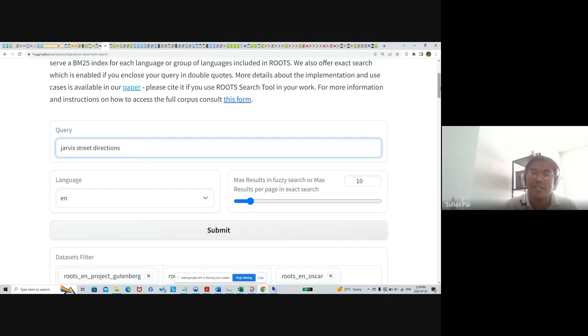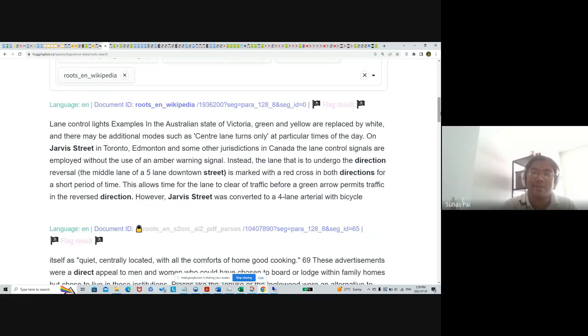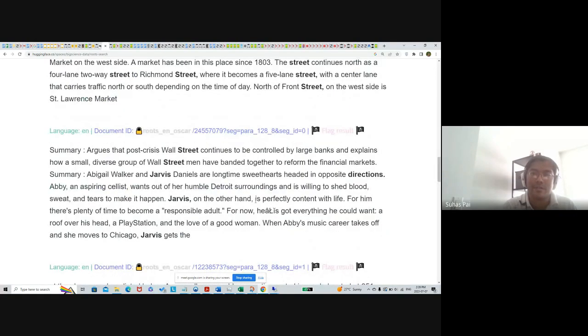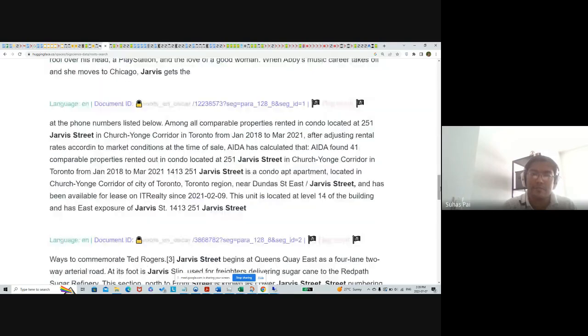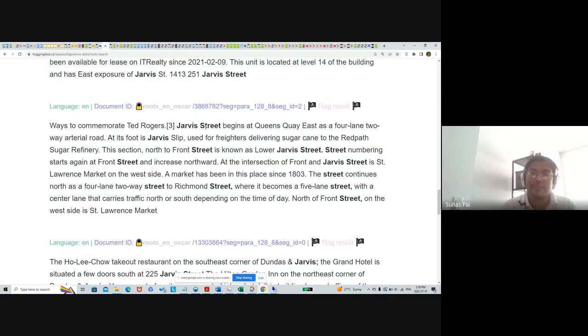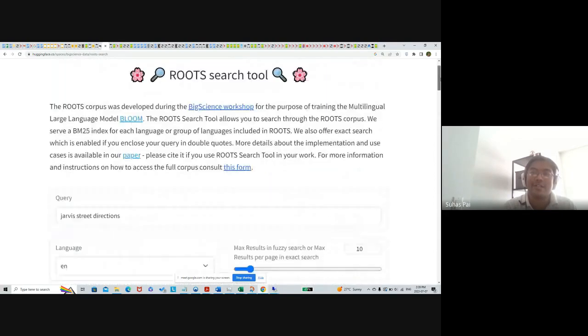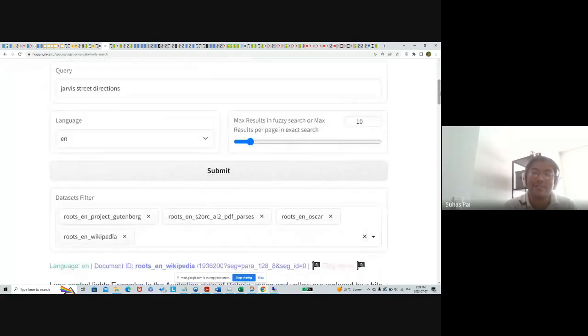Why do these models know how to give directions from place A to place B? That's because the training data set contains it. You can see here, for example, Jarvis Street begins at Queens Quay and then north of Front Street. So there are so many documents that are just talking about directions. It's no wonder that it's able to give directions.